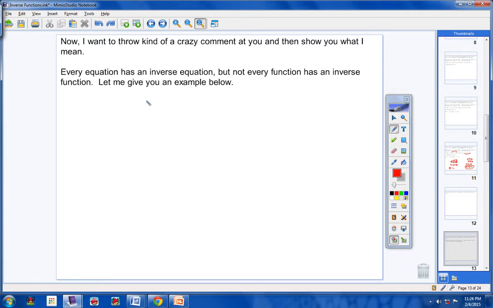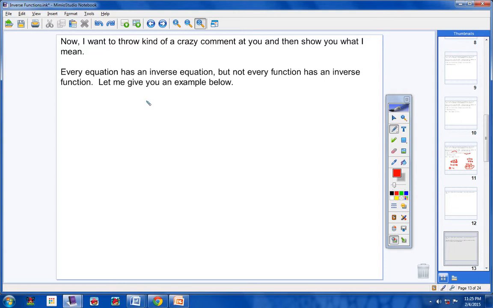And I'm going to show you what that means in just a second, but go ahead and copy that sentence down. It's very important you understand this. Every equation has an inverse equation, but not every function has an inverse function.